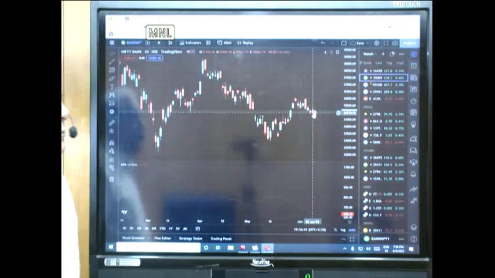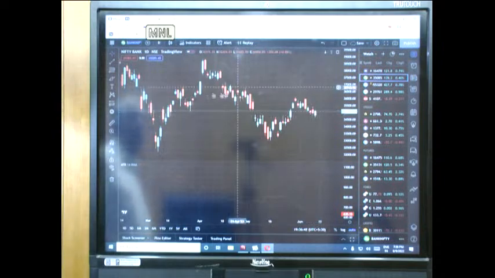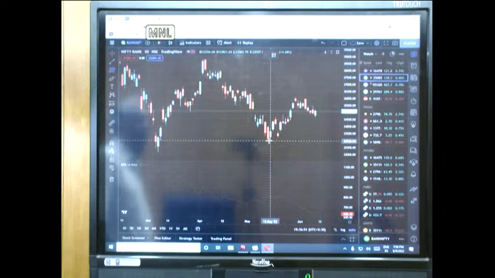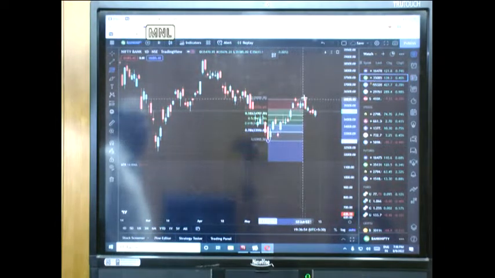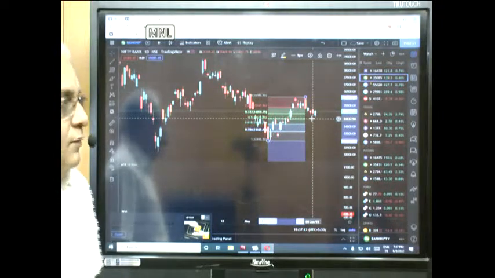So if you look at Bank Nifty on a Fibonacci chart, it also came very close to the 50% retracement. It fell from the 23.5 to the 38.6% retracement and then closer to the 50%, but it has not cut below the 50%.